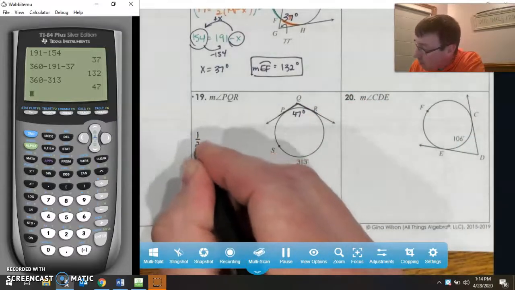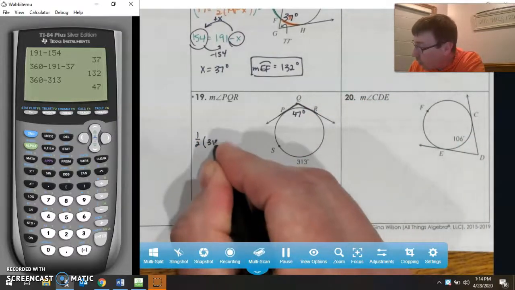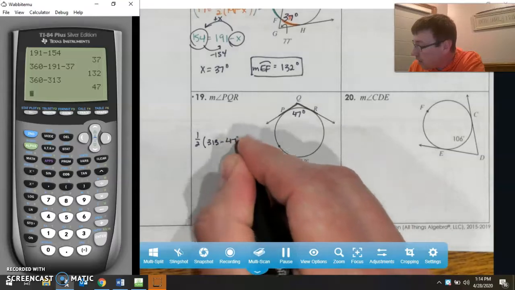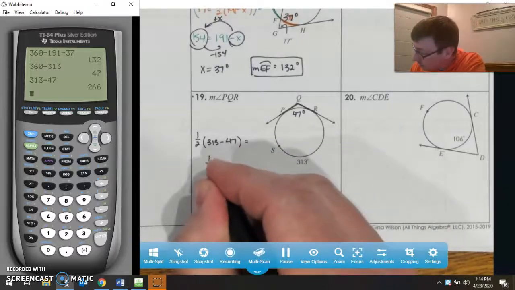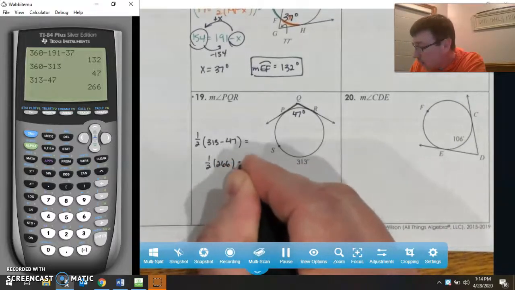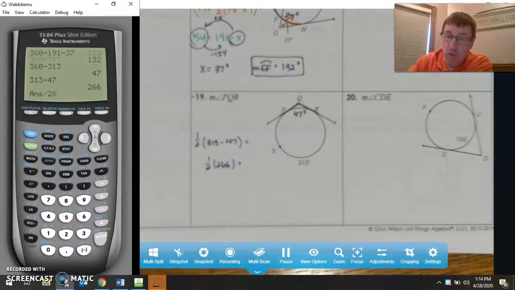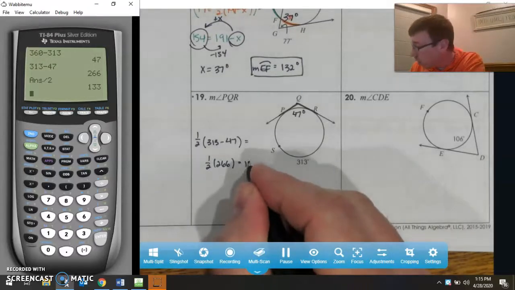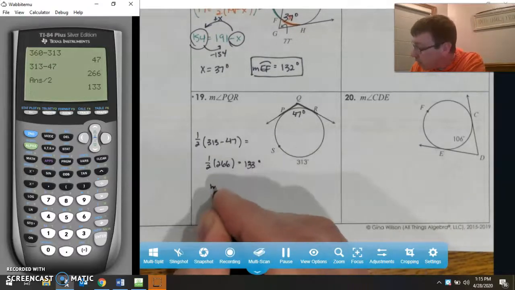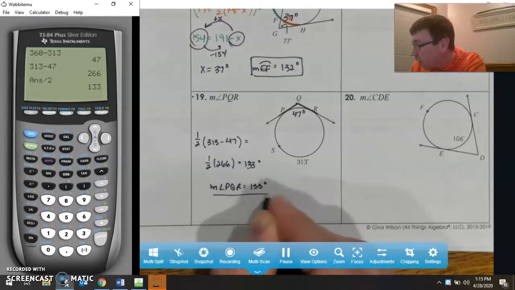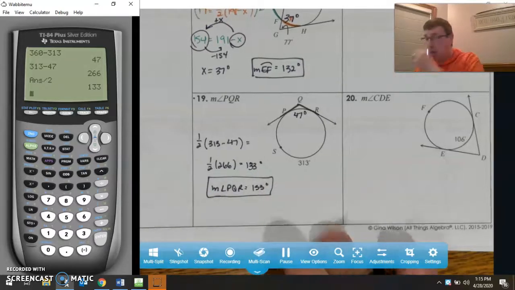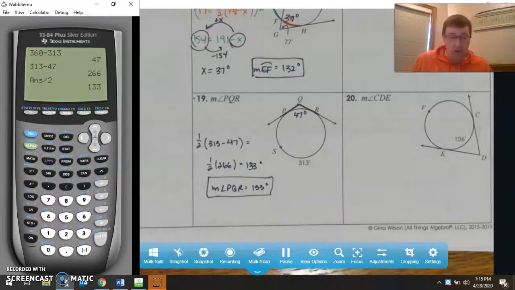So the measure of the angle will be 1/2 of 313 minus 47. 313 minus 47 is 266. I'm going to divide that by 2, and I'll get 133 degrees. So the measure of angle PQR equals 133.